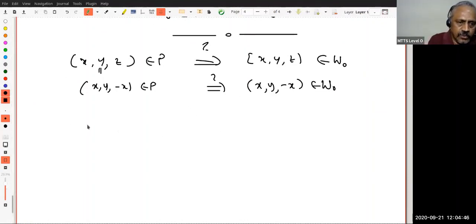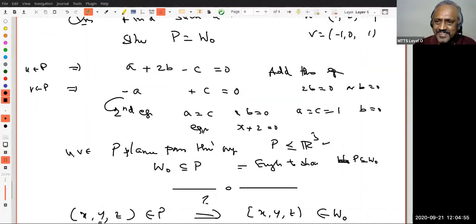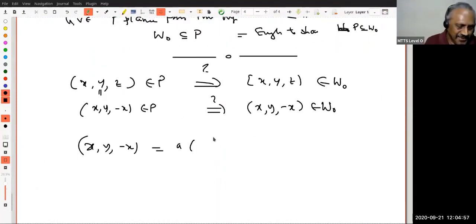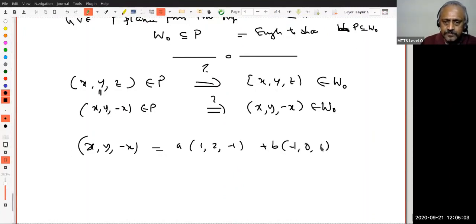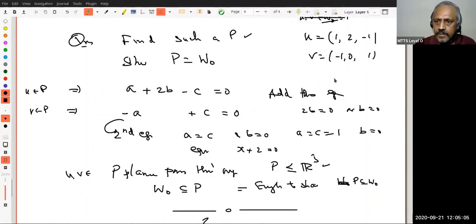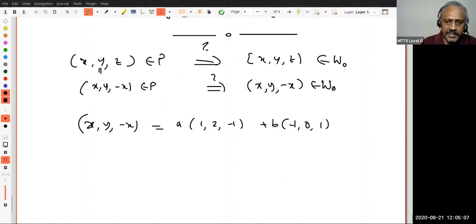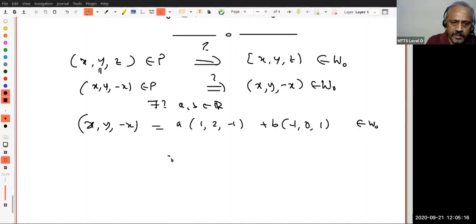So what do I want? x, y, minus x. I want to know whether I can write it as, again, a and b will be scalars. What is u? 1, 2, minus 1. a times 1, 2, minus 1 plus b times minus 1, 0, 1. Whether I can find scalars so that I can write it like this, then this means it is in W naught. But this means what?